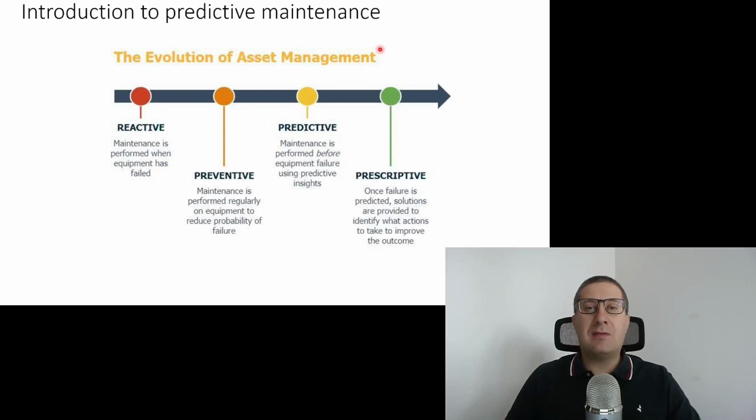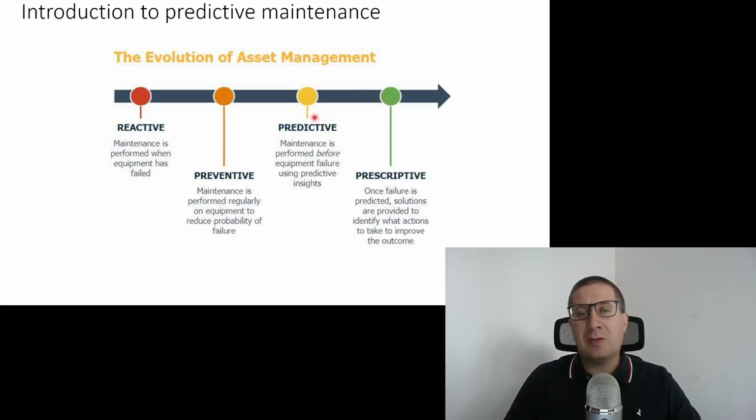Here you can see the evolution of asset management, of the maintenance strategies. So the reactive strategy was the first one. Then we have this preventive approach, which is more or less a standard in the industry, to perform the maintenance actions regularly, to reduce the probability of the failure.